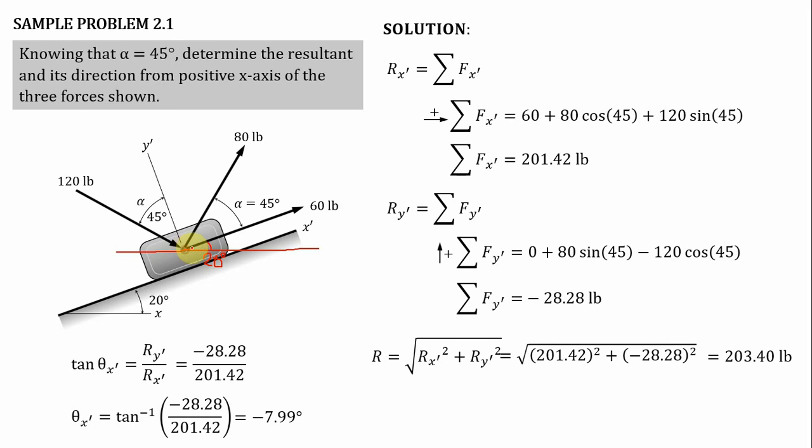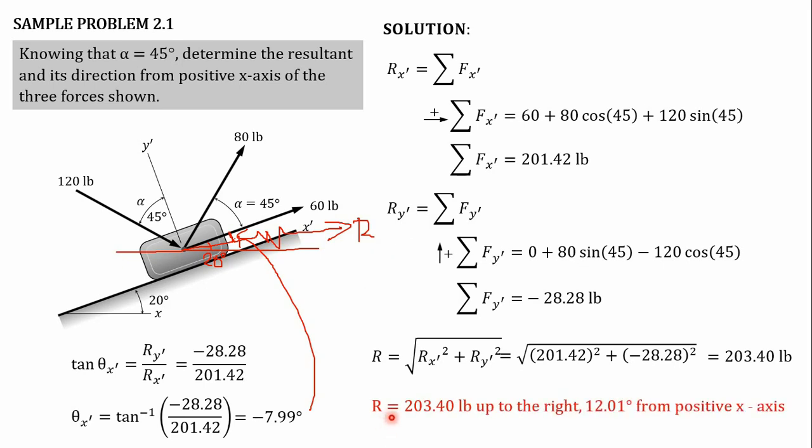Okay, so dapat nandito lang siya, yung resultant force natin. Nandyan lang siya. This is 7.99 degrees. So, therefore, yung direction ng resultant force natin is equal to 203.40 pounds.